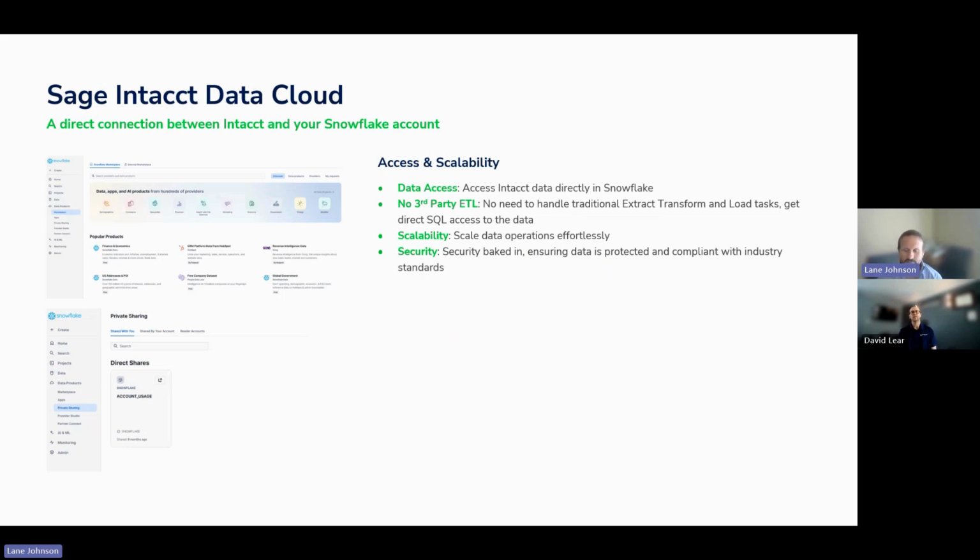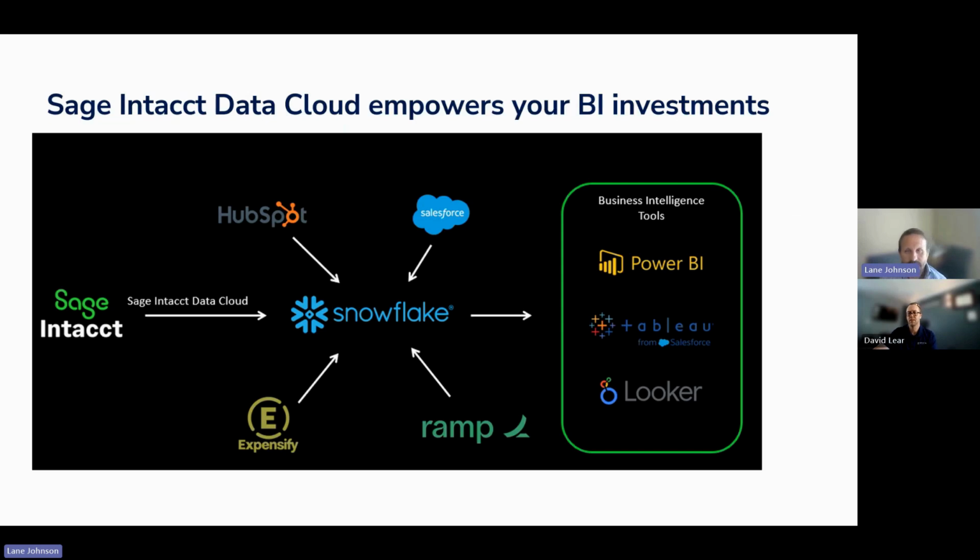For teams already investing in Snowflake that haven't connected to Sage Intacct yet, or if you're running Power BI or Tableau, this creates a clean path to get your ERP data into that reporting environment. At a high level, this is just about reducing friction, getting that Sage Intacct data into your data stack.